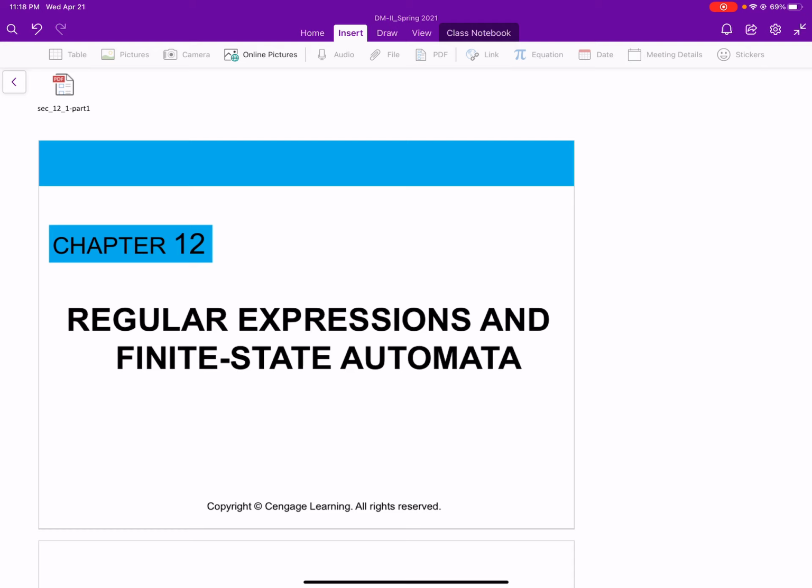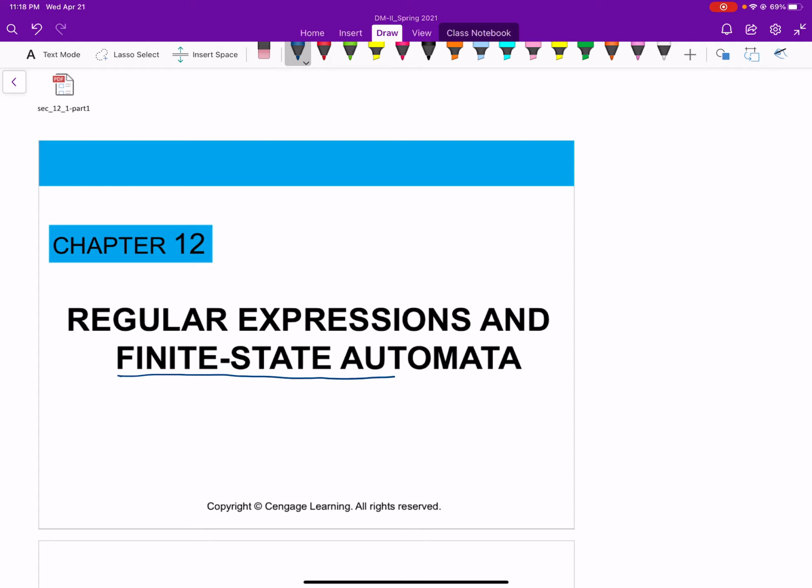Let me explain what is finite state automata. Finite state automata is defined as the simplest machine to recognize patterns.